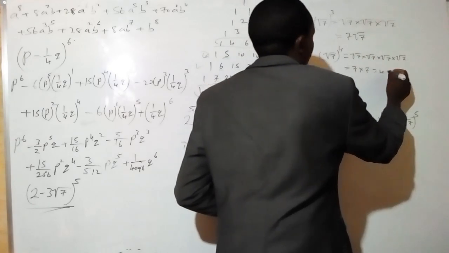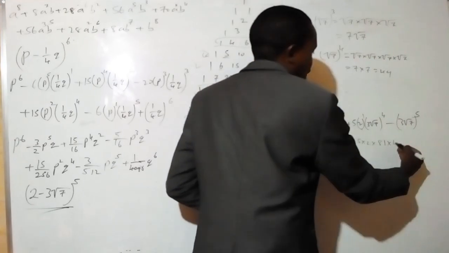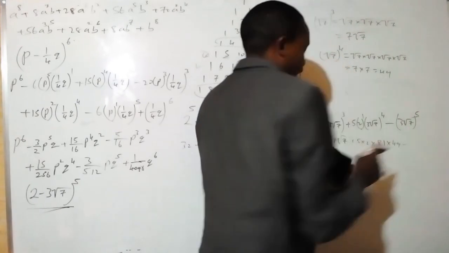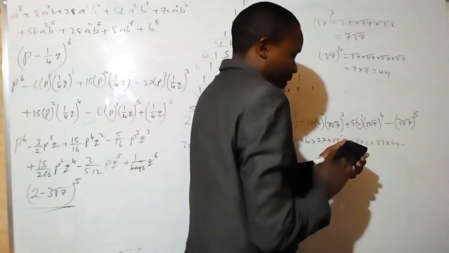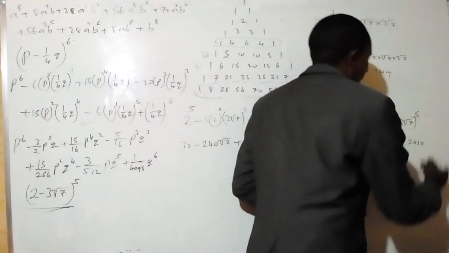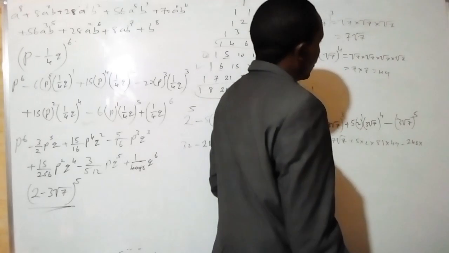You multiply by 49 there. Minus 3 raised power 5. 3 raised power 5 is what? It's 243. You multiply by what? We are going to multiply by 49 root 7.